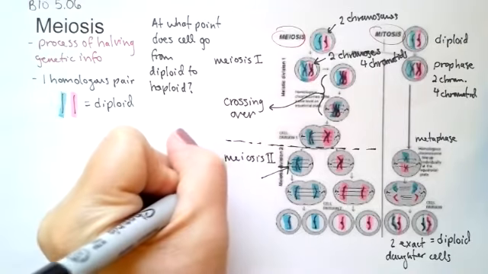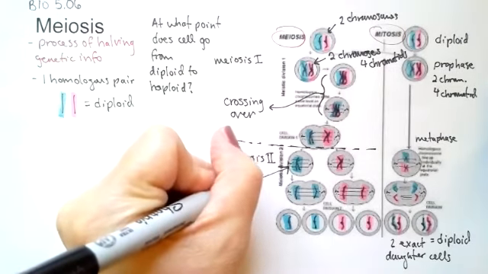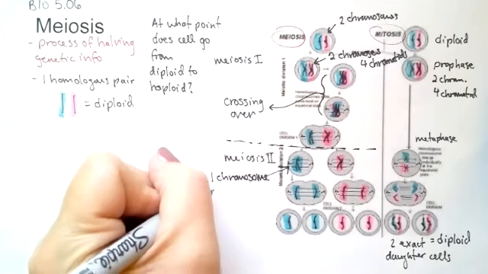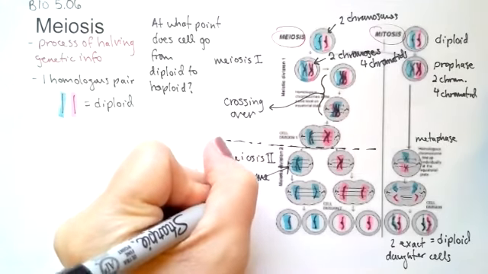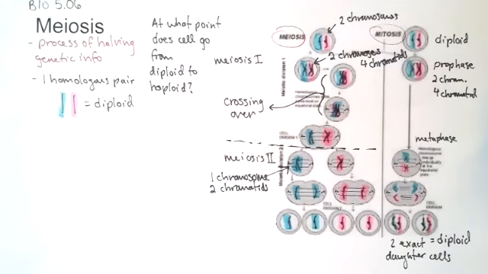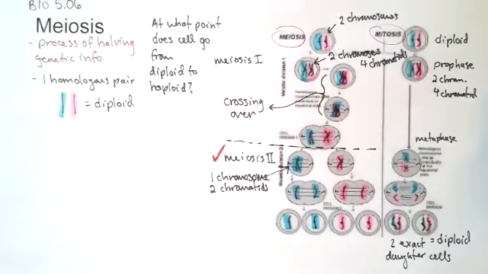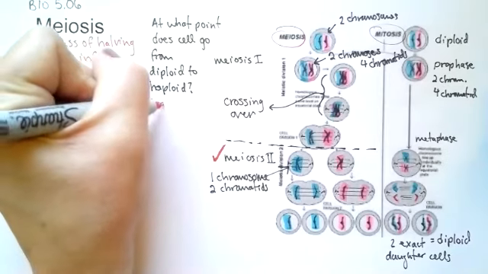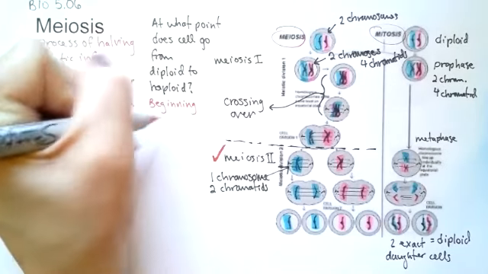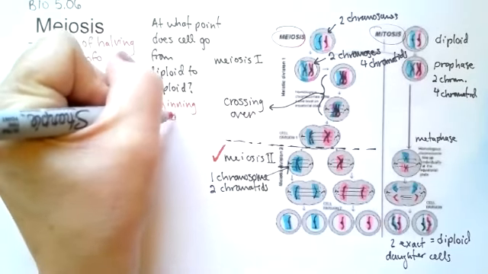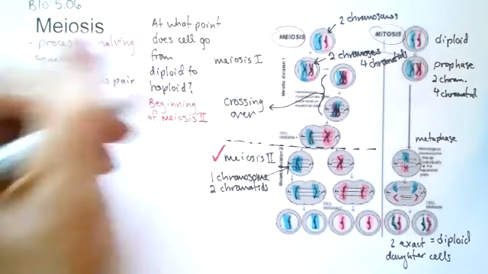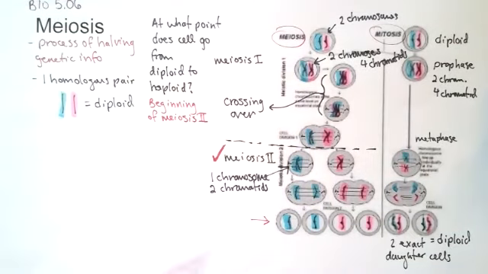Oh, 1 chromosome here, 2 chromatids. So it is at this spot, right here at the beginning of meiosis 2, that we go from diploid to haploid. I said it right the first time. So the answer is the beginning of meiosis 2.